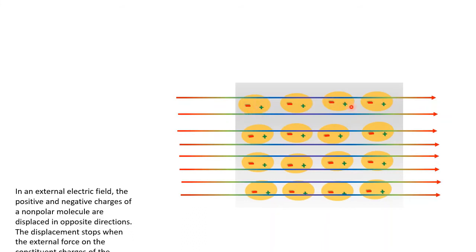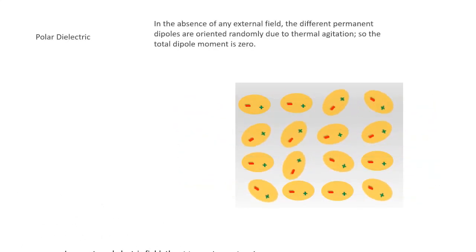The total of all these molecular dipole moments together gives a net dipole moment of the dielectric in the external electric field. In a polar dielectric, the molecules have a permanent dipole moment. In the absence of any external field, the different permanent dipoles are oriented randomly due to thermal agitation. So the total dipole moment is 0.